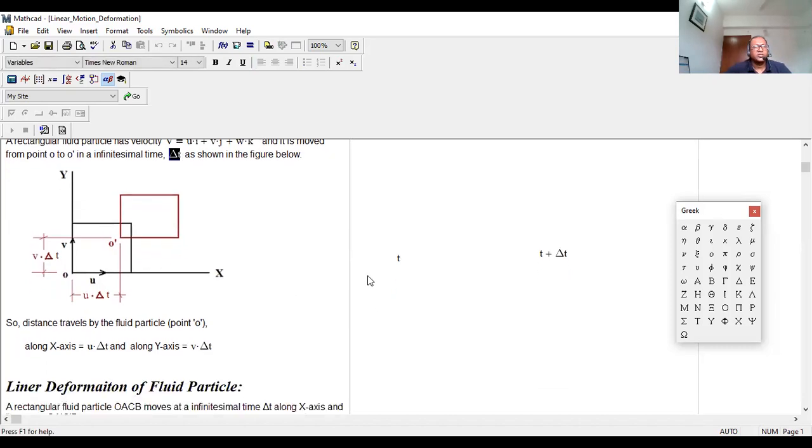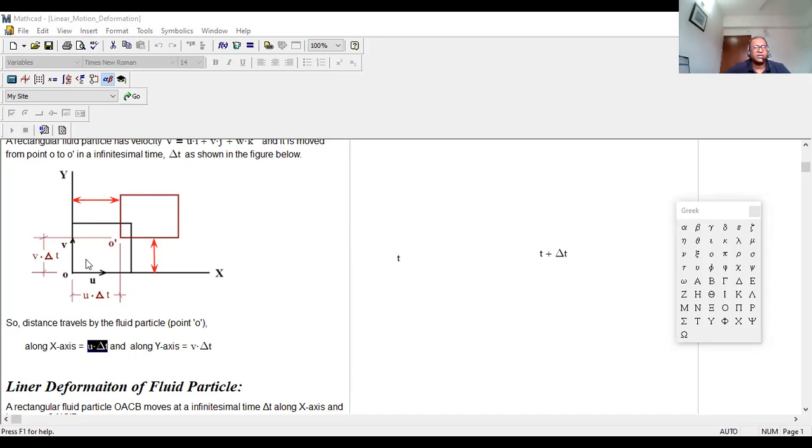Okay, so if the u component of velocity along the x-axis is u, then how much will this distance be? This distance obviously will be u into delta t, right? Because x velocity multiplied by time, you will get the distance. Similarly, how can we figure out the distance traveled along the y-axis by point O?